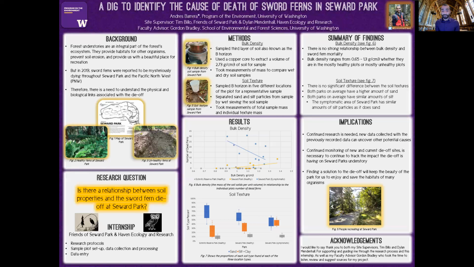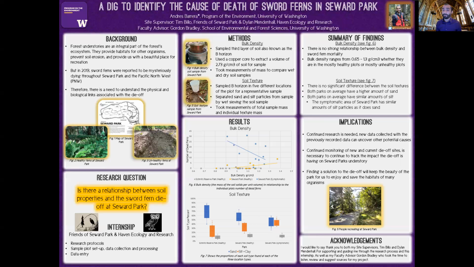For my soil texture graph, I have the blue, which is the sand percentages, the orange, which is the silt percentages, and then the gray, which is the clay percentages. On the x-axis, I have the percent of that type of soil per each plot.